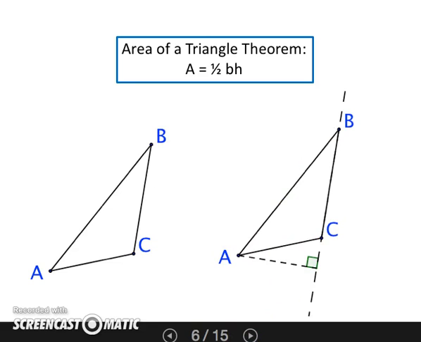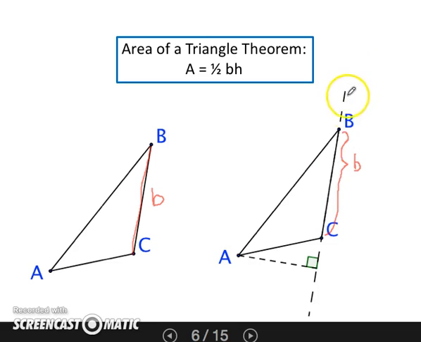Now there are other ways that I could choose the base and height as well. So suppose that I wanted to choose side BC as my base. So I was going to use this as my base length. But notice that the opposite vertex to that base, it would really be hard to draw a line that's perpendicular to the base. If I drew a line something like this, it would not end up perpendicular to the base.